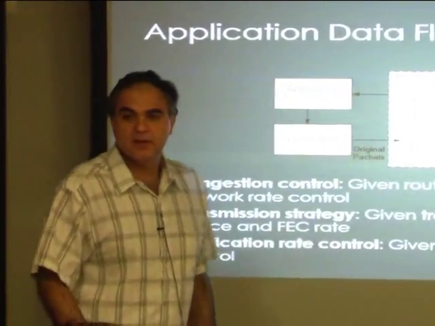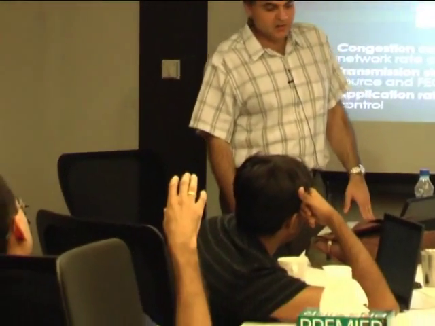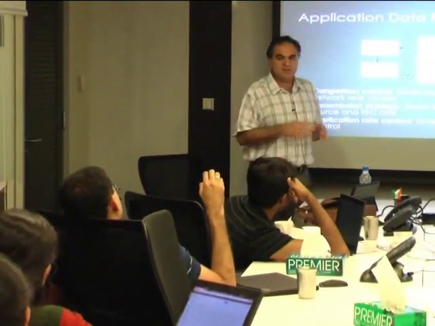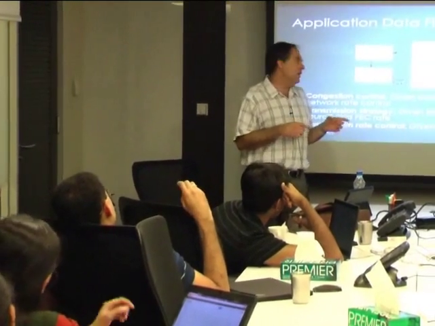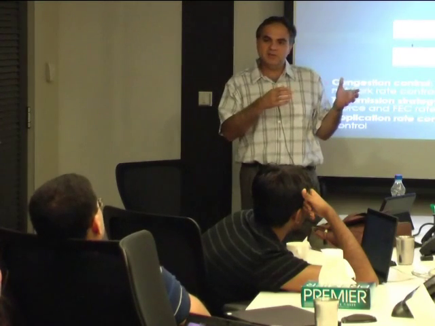You expect this to work on both TCP as well as UDP? So this can work on TCP also. The only difference in TCP is that you cannot be more aggressive than TCP, of course. So your transmission rate can be lower than what TCP tells you, but you can't make it higher than what TCP tells you.